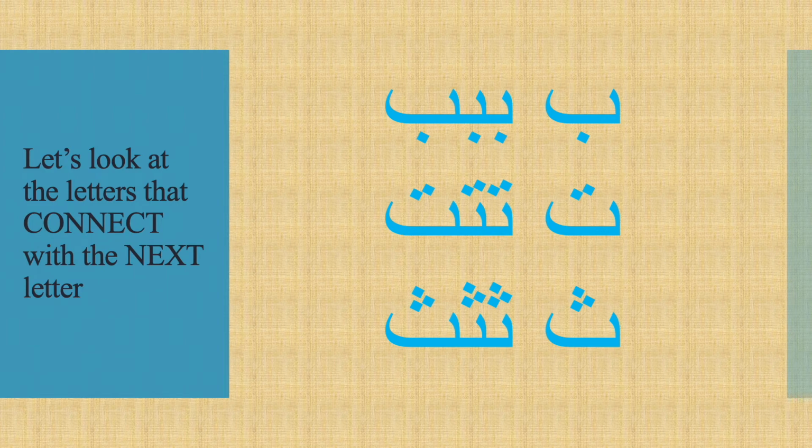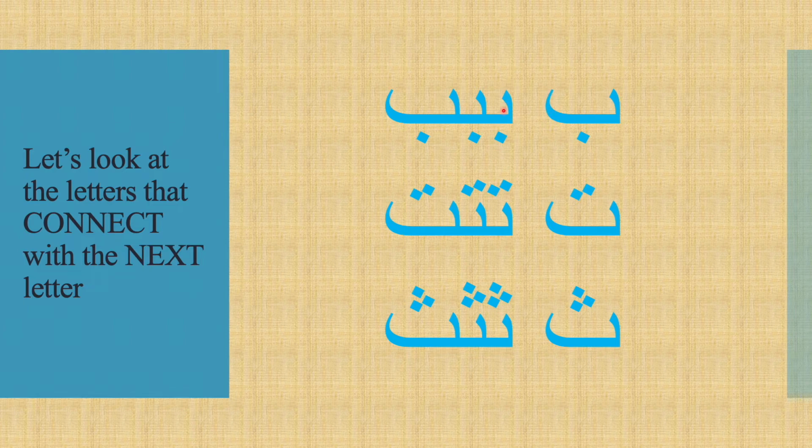And now let's look at the letters that do connect with the next letter. We have ba. When it's by itself, it looks like this. And then when it's in initial position, it looks like this. So notice, when it's on its own, it takes its full shape. It has a stick here to start, then an elongation along the line, and then another stick to close.